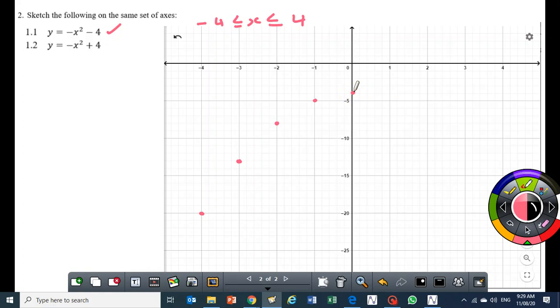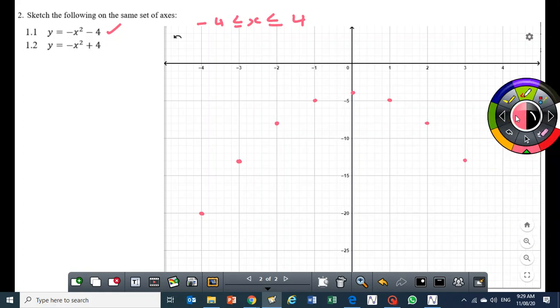Once I plot the left hand side, the right hand side will be the same in terms of alignment. So I'm going to have a point here, another one there, another one here, and the last one is going to be 4 and minus 20. So 4 and minus 20 is there.